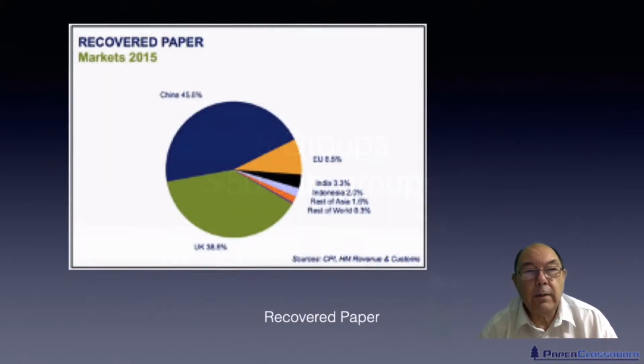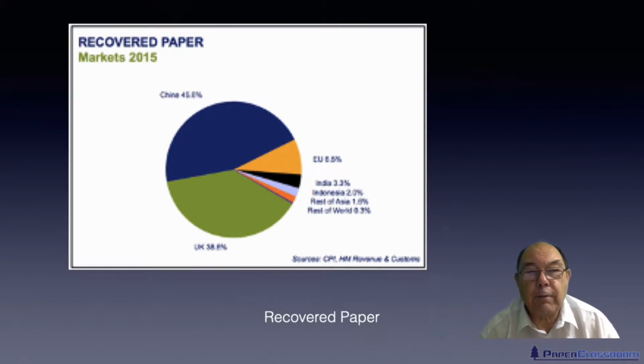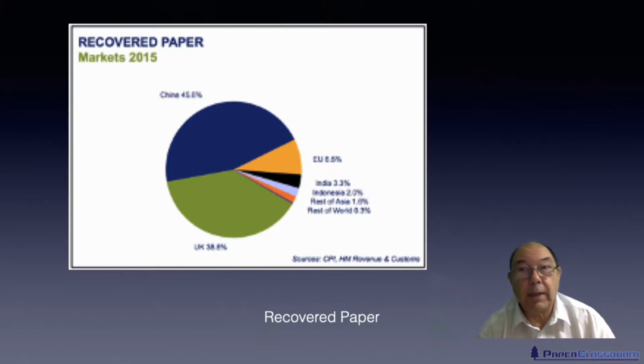This chart here is taken from 2015, courtesy of the CPI. And you can see what happens to recycled fibre in the UK. When I was first involved in recycled fibre in the 1970s, all the recycled fibre that was collected in the UK was used in the UK.